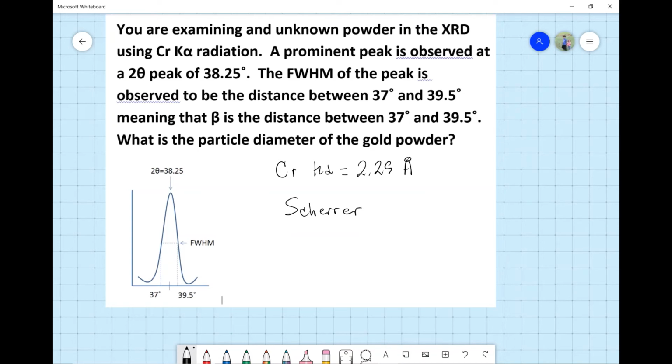We're solving this using Scherrer's equation, and so that's beta, the 2 theta peak width, equals K lambda over D cosine theta. Let's just say K equals 0.9. It's an arbitrary constant, usually 0.9.